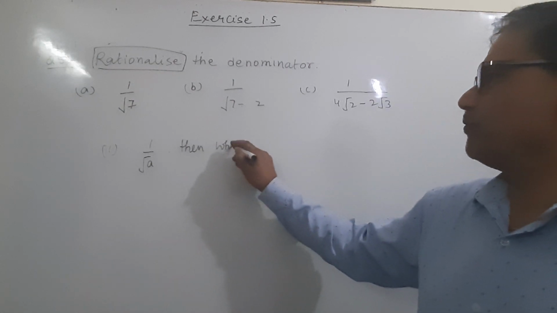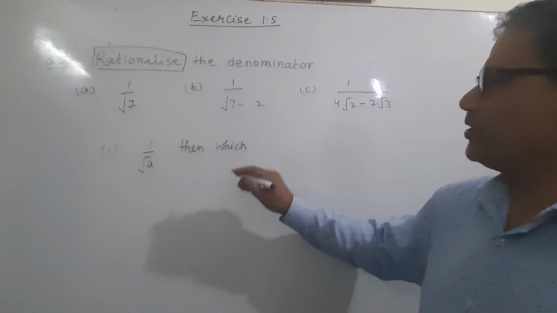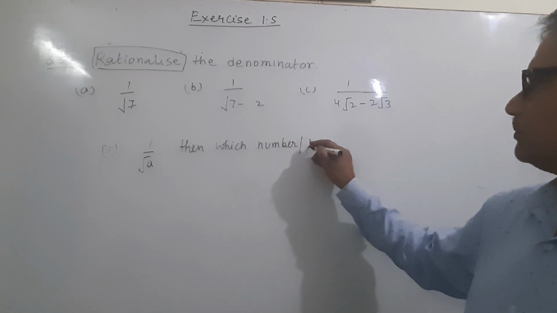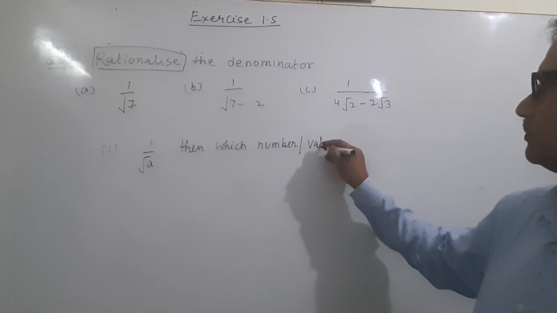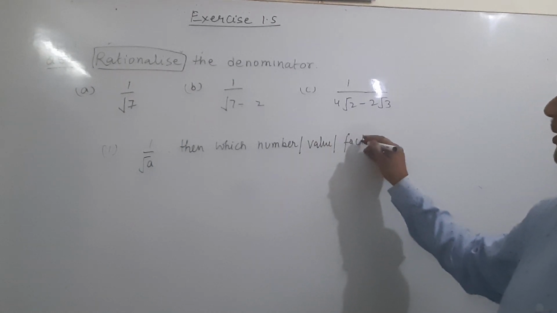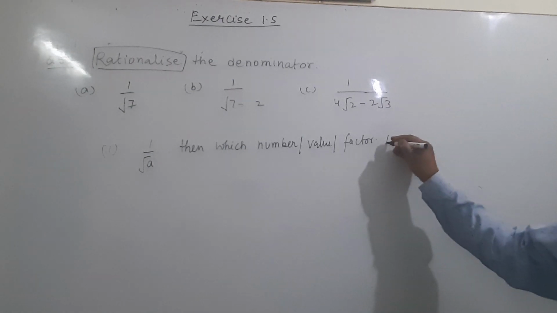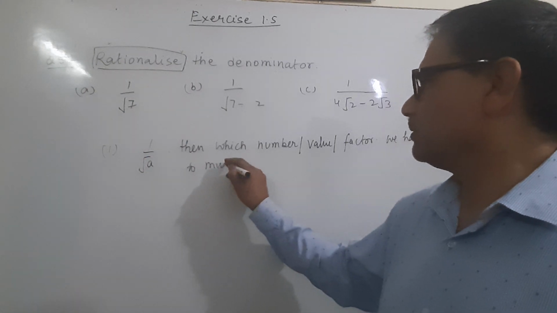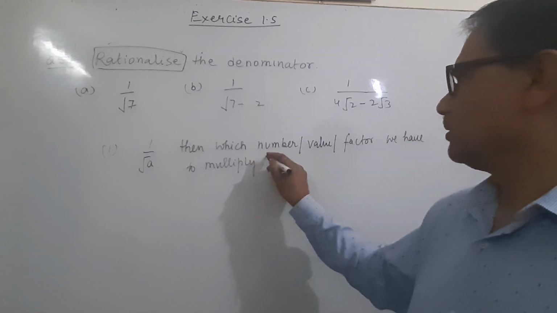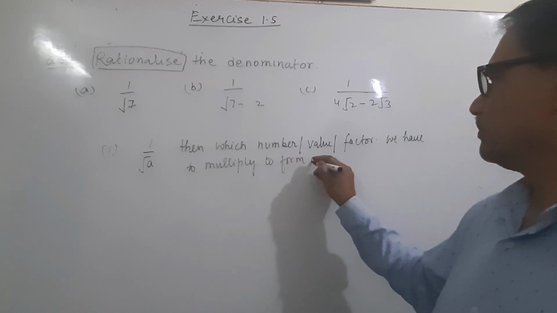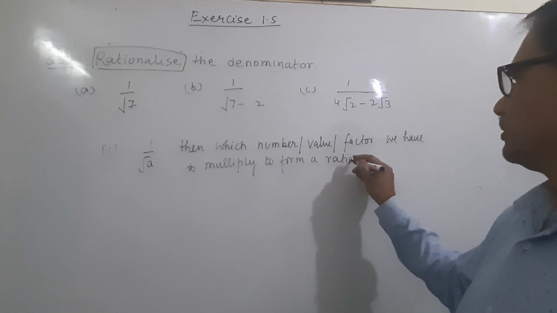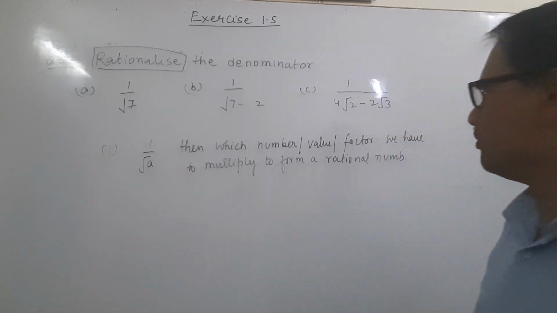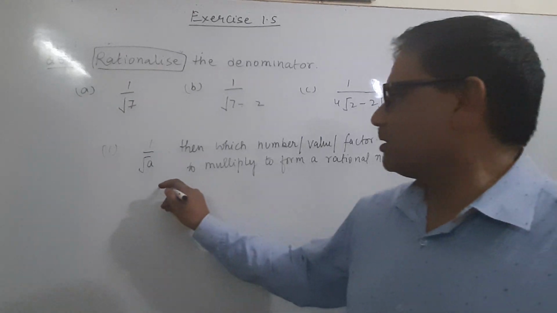The value or factor we multiply by to form a rational number is known as the rationalizing factor, short form RF.